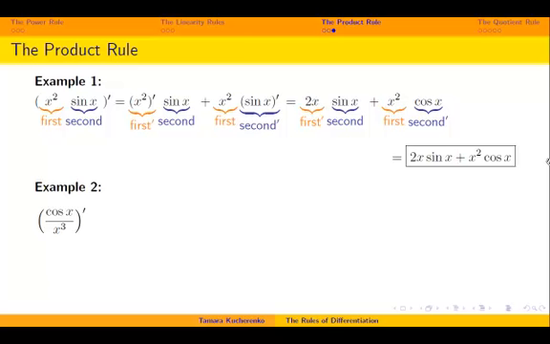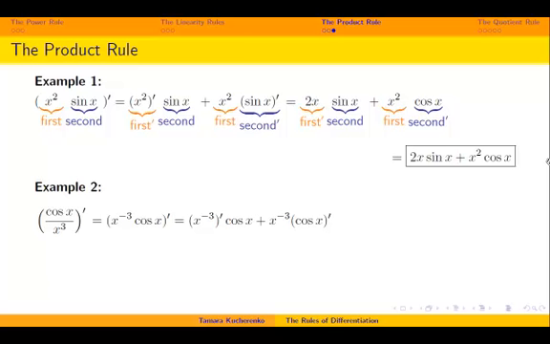The second example is to find the derivative of cosine x divided by x cubed. Again, since we do not know the quotient rule yet, we rewrite this expression as a product of x to the negative 3 and cosine x. Applying the product rule, we get first prime times the second plus first times second prime.